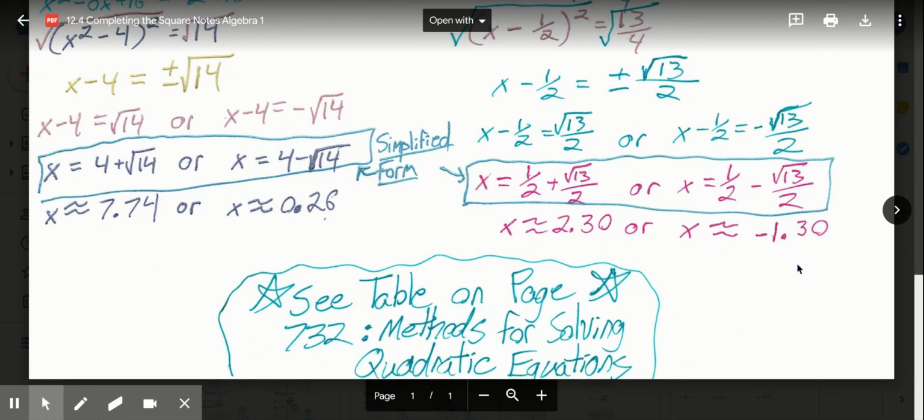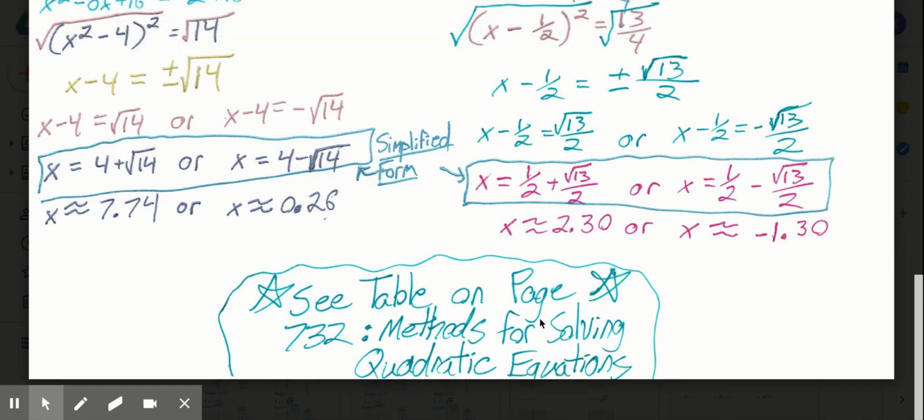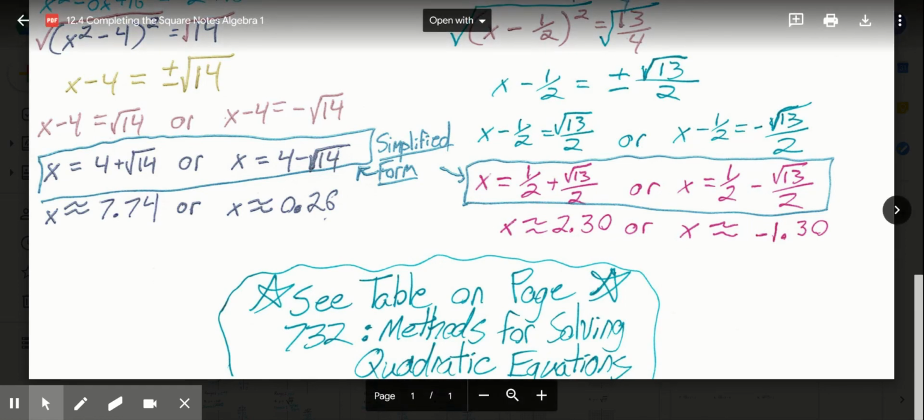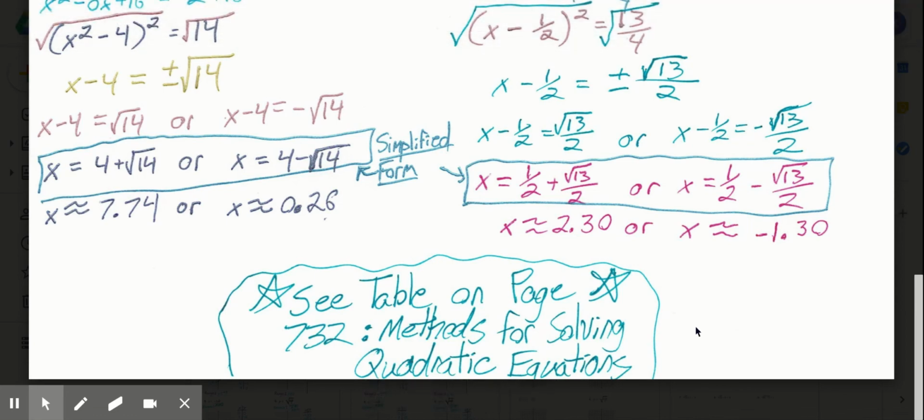So there's a table in your book on page 732 that's titled Methods for Solving Quadratic Equations. Some of your practice problems in part 1 and part 2 will ask which method would you use to solve the quadratic and why.